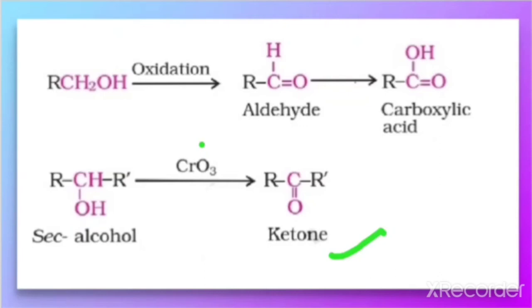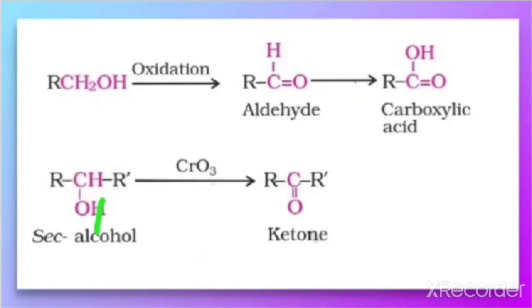How can you make the product very easily? Look at the equation. Here, this part, CHOH, has to be turned into CO. In the place of that, you have to write CO. So that gives rise to a ketone.